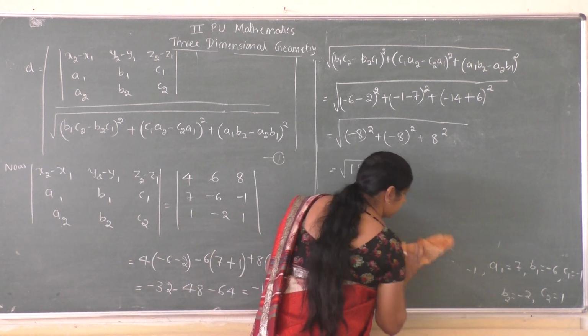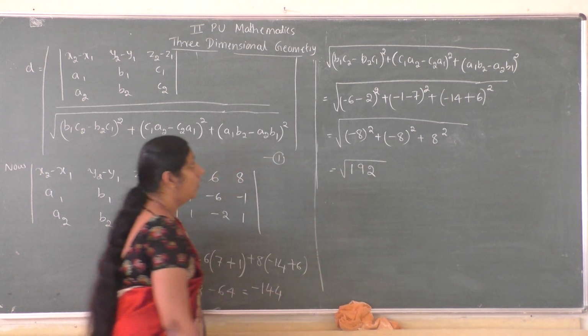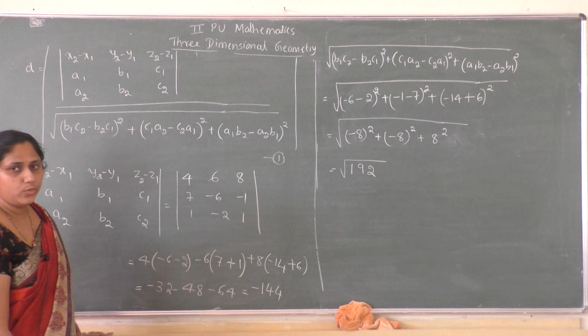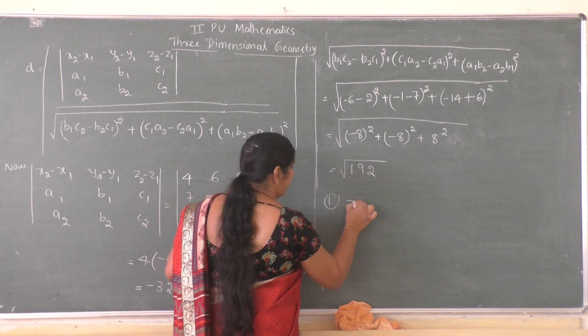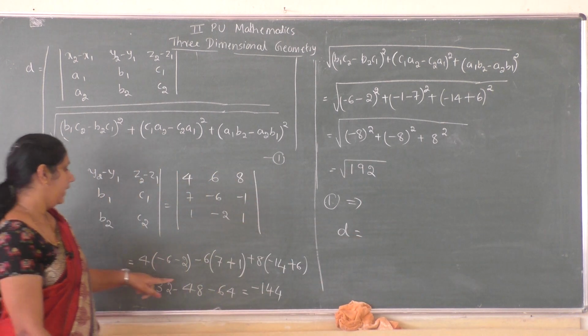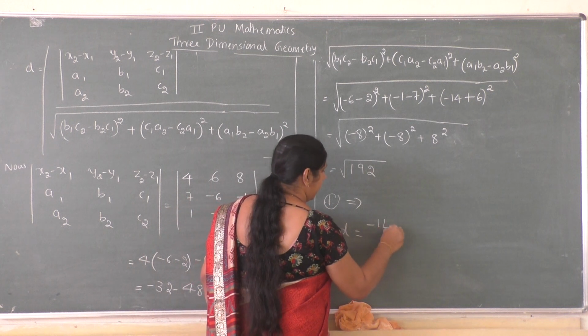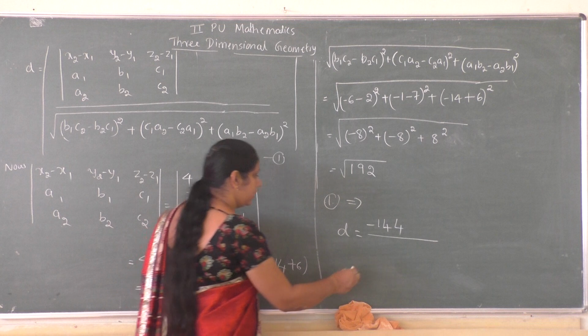So we got the square root, root 192. Now substitute in equation 1. Therefore equation 1 becomes: D in the numerator has minus 144 divided by, what about the denominator?